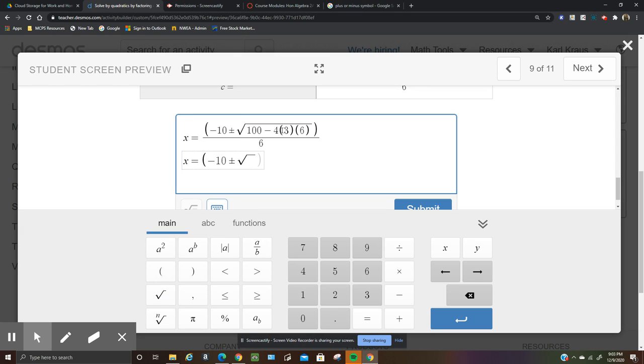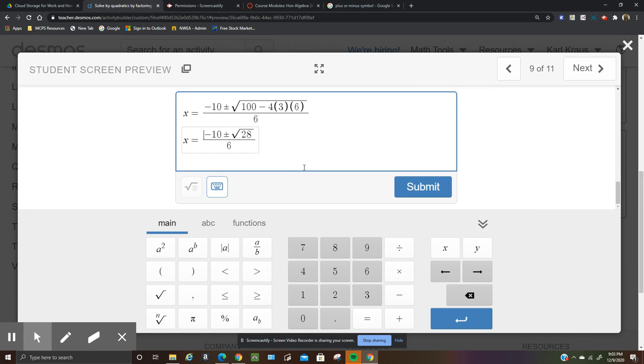So this is going to be 100 minus 12 times 6, which is 72. 100 minus 72 would be 28. You can take away these parentheses if you like after you get the right fraction there.